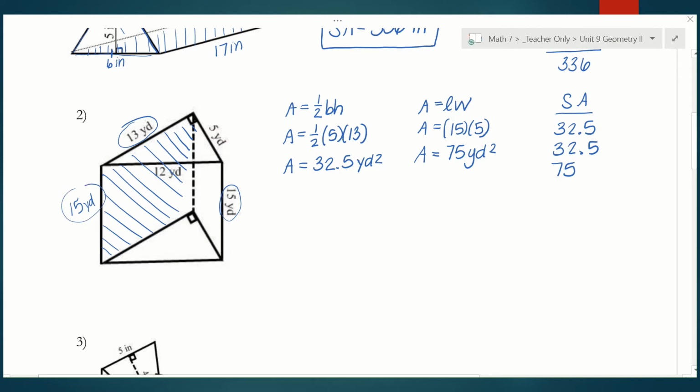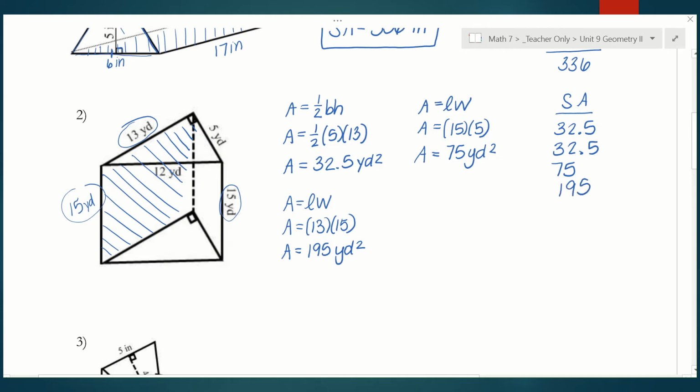Okay, so I'm going to be doing for my next rectangle 13 by 15. Okay, so the area of that one is 195. So I'll put 195 in my list.